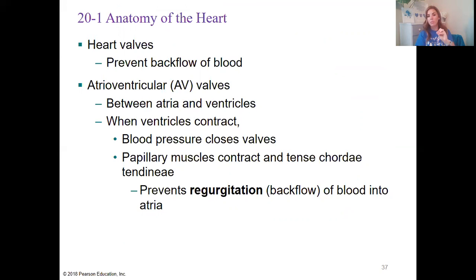The one-way blood flow is going to be vitally important to nourishing the rest of the body. What we don't want is blood flowing backwards. And if blood flows backwards, that's when we get what is called regurgitation. So that could be a problem that is indicated with one of the valves if we can hear regurgitation whenever we are listening to heart sounds with the stethoscope.